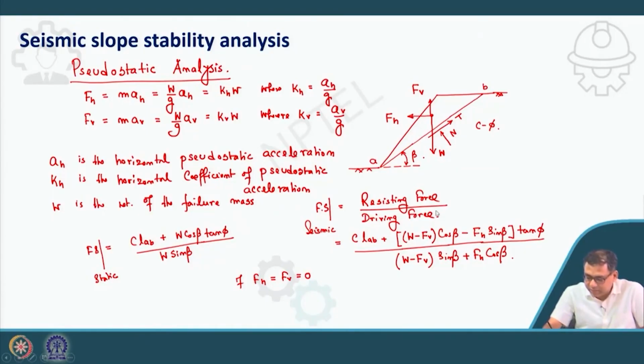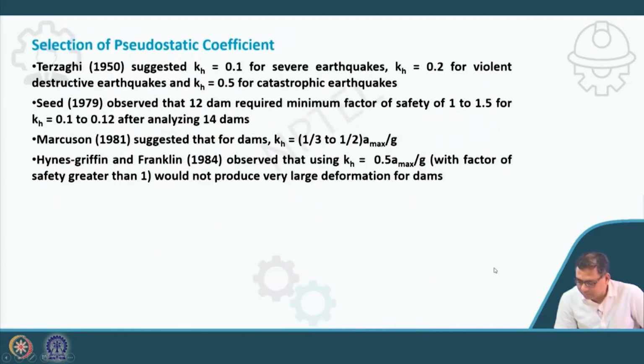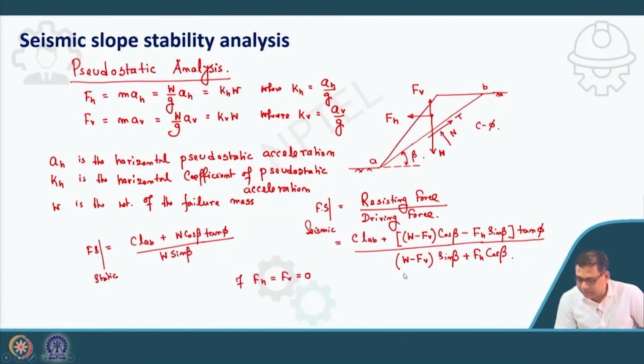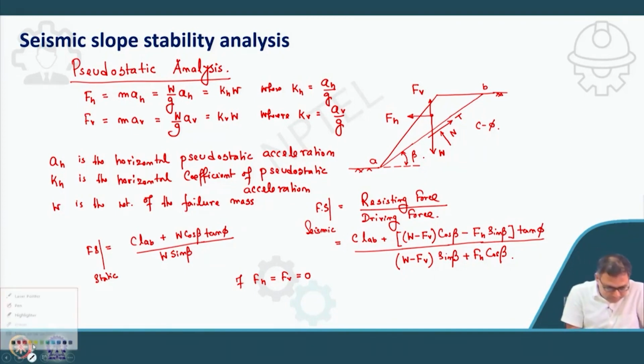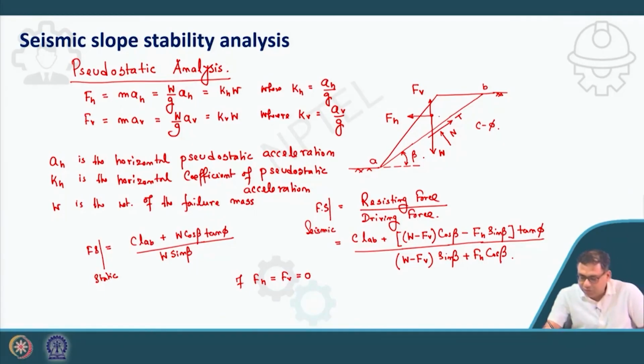Here, this value is basically N into tan phi. CL is the cohesion part, and this is N, and this one is T. So, how will we calculate the N value? For N, we take the component of W minus FV in the direction normal to this failure surface, that will be W minus FV cos beta.